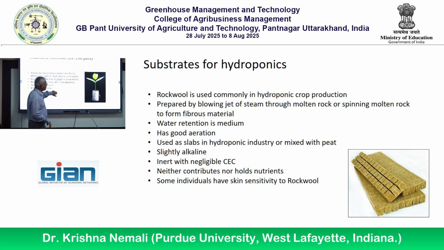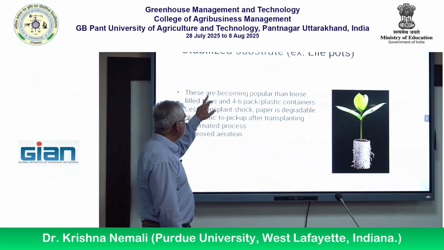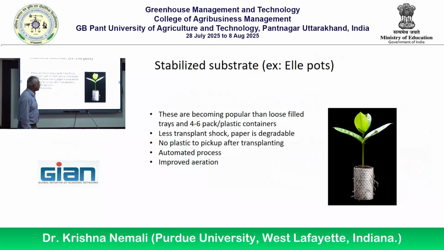In the floricultural industry, there is something called stabilized or Elay parts. So here is a seedling, right? And you have the seedling in nice, recyclable, tiny paper material. The advantage of this is, normally if you're growing, let's say, tomatoes or peppers, you first sow the seeds, and then they get to a certain stage, and then you transplant them, right?